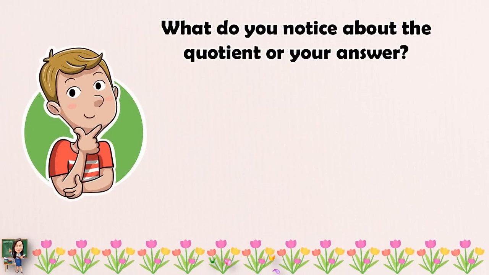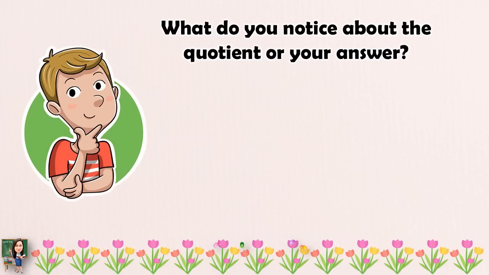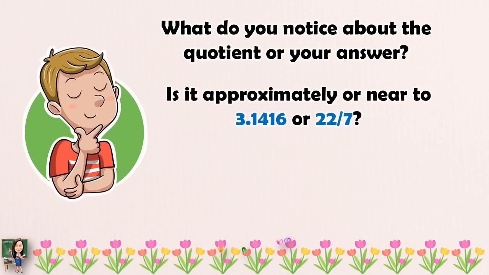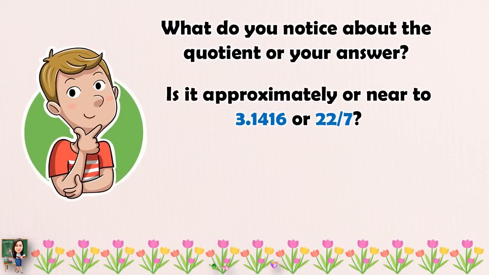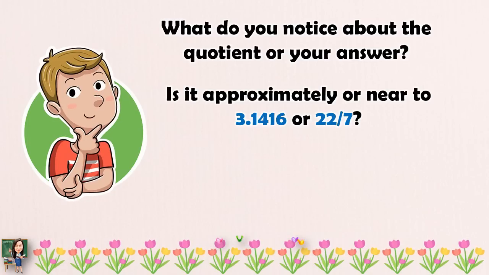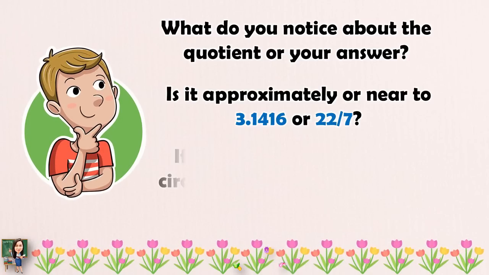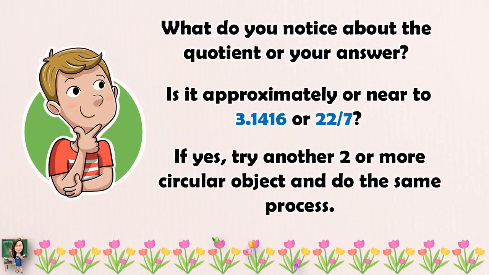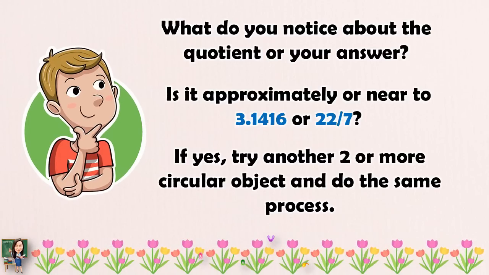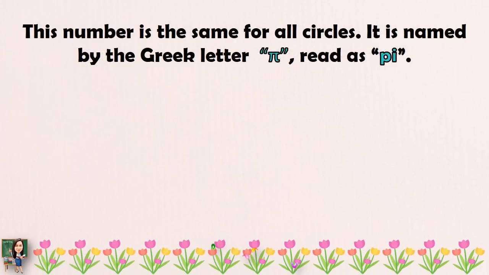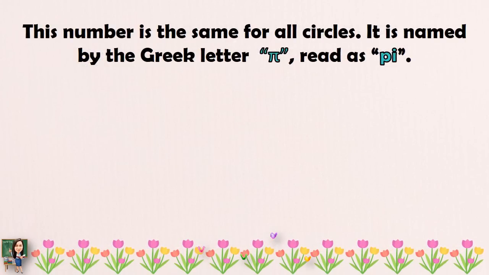What do you notice about the quotient of your answer? Is it approximately 3.1416 or 22/7? If yes, try two or more circular objects and do the same process. This number is the same for all circles.